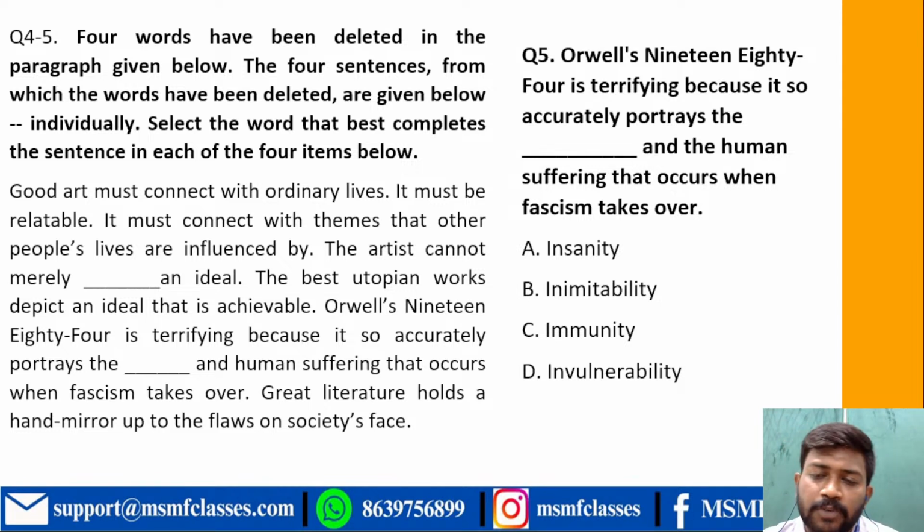So you can go with the word insanity, that means very bad, which portrays the insanity and the human suffering that occurs when fascism takes over. That means it's a negative word there. From that, I can clearly understand they are speaking badly about Orwell's 1984. So that's the reason option A becomes the answer.